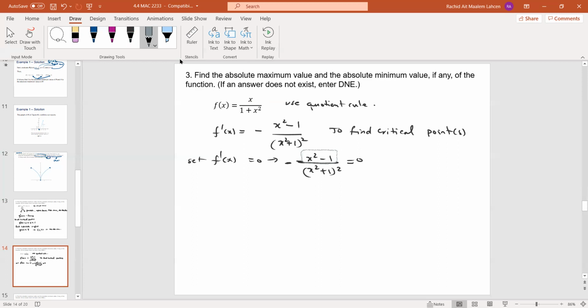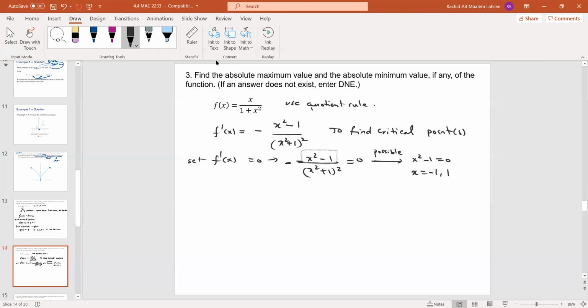The denominator is not going to be 0, right? So x equals -1 and 1 when you solve this one. So these are the two critical points that we have.